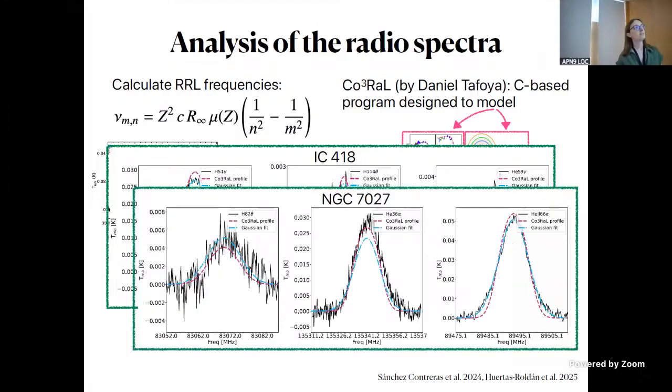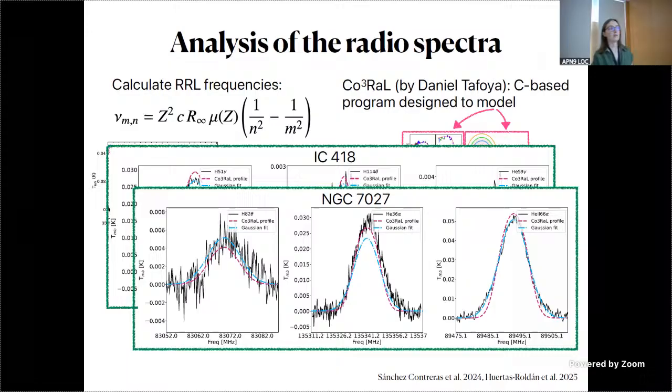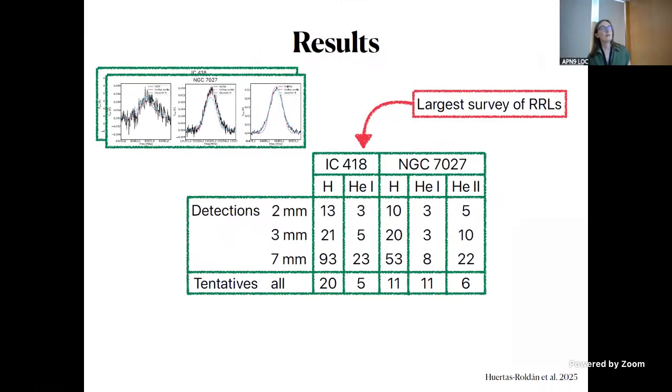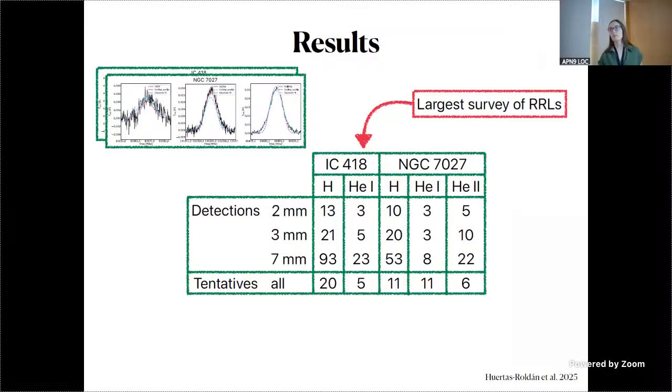In NGC 7027, the model also fits quite well the spectral results, and we found hydrogen, helium-1, and helium-2. And here we have an example of this species. So we ended with the largest radio recombination line survey up to date, with hundreds of detections in each source.